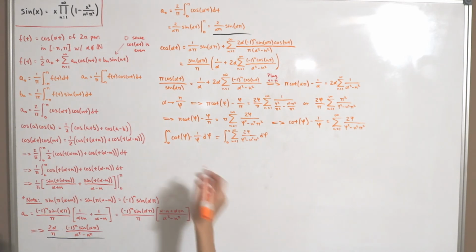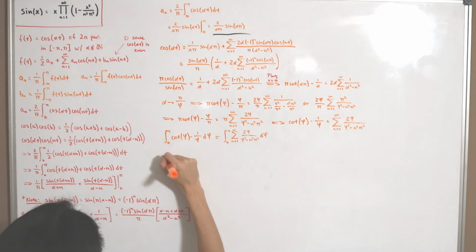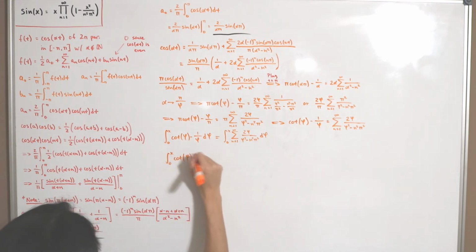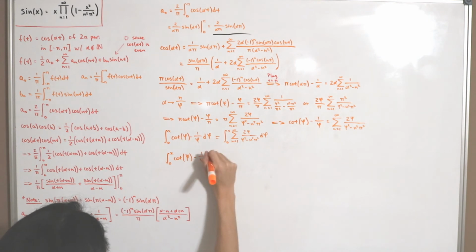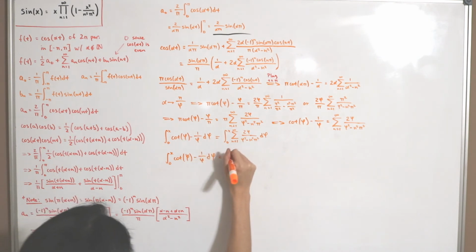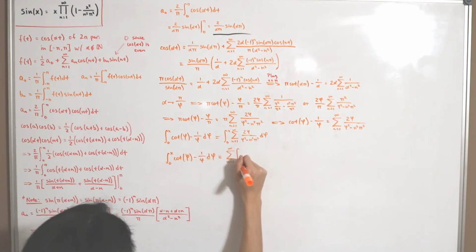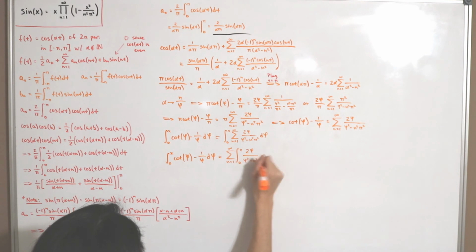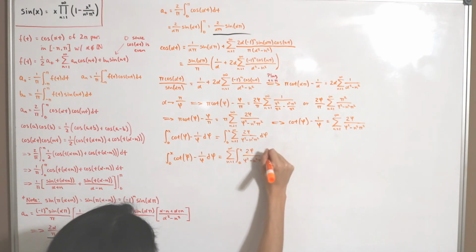Okay, I'll just rewrite the same thing as before: the integral from 0 to x of cotangent phi minus 1 over phi d phi equals the sum of the integral from 0 to x of 2 phi over phi squared minus n squared pi squared d phi.